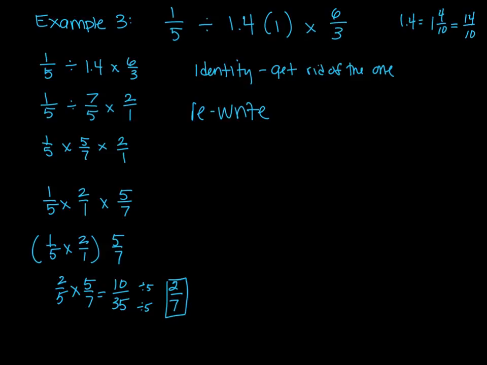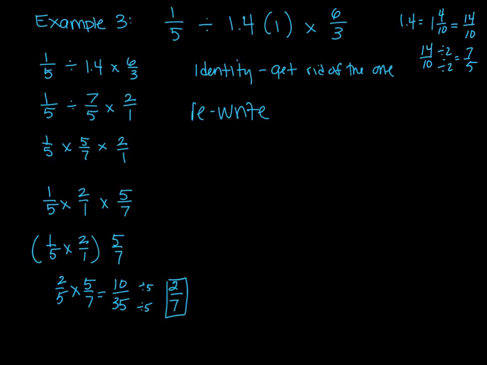You can use 14 over 10 in your expression, but I wanted to work with smaller numbers, so I simplified that down by 2 and got 7 over 5. That's why you see 7 over 5 in the expression instead of 1.4.